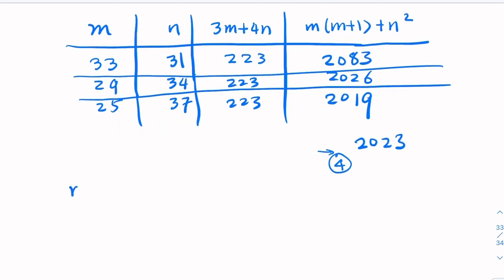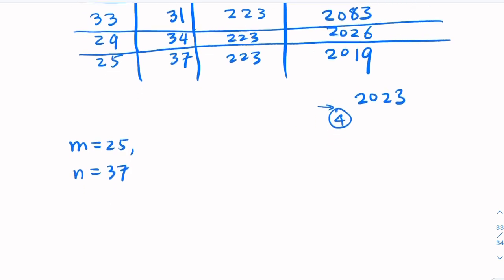We claim that m equals 25, n equals 37. So the first 25 even numbers would be 2, 4, 6, up to 50. And the odd numbers would be 1, 3, 5, and because n is 37, that would go up to 73.